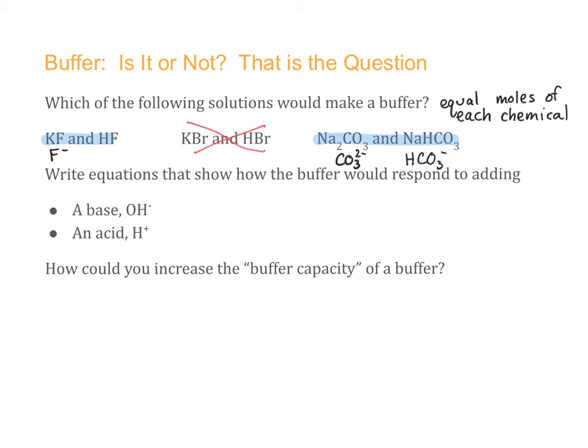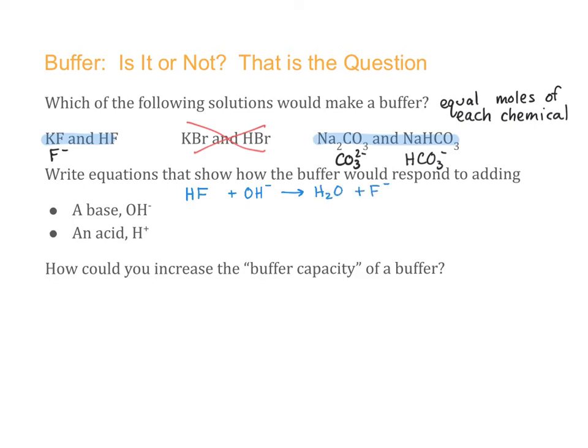Then it says write equations that show how the buffer would respond to adding a base or adding an acid. So we're going to take the first example. If we add a base to a solution that has F minus and HF, then the HF is what's going to react with the base. And it's going to make water, and it's going to make a little more F minus.